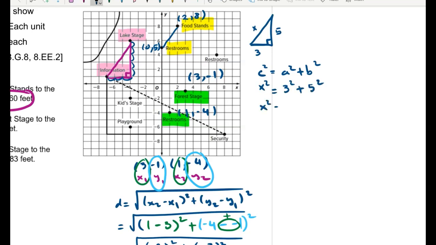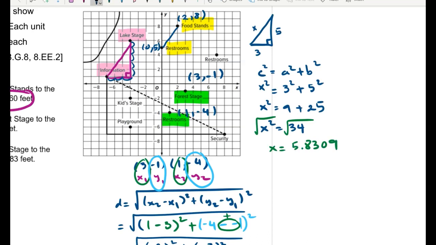So x squared equals 3 squared, which is 9, plus 5 squared, which is 25. X squared equals 34. Then we take the square root on both sides, so x equals the square root of 34, which is 5.8309.